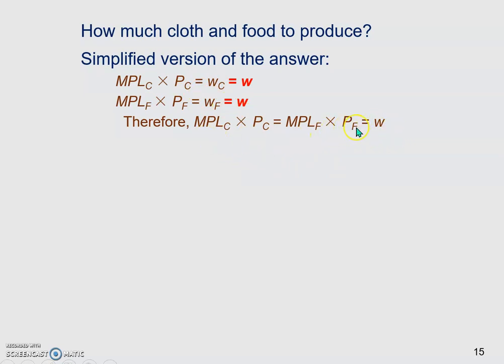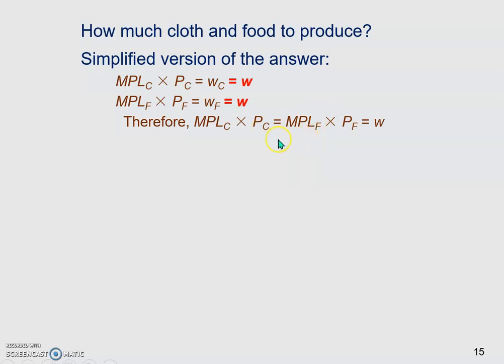Now here, once we get this equation, let's come back here and do a little math transformation, okay? What we want to do is basically put marginal product of labor on the same side of the equation and put the prices on the other side of the equation, okay?